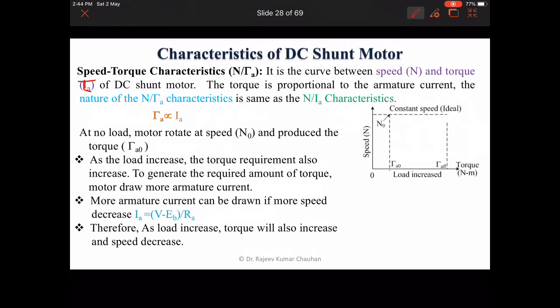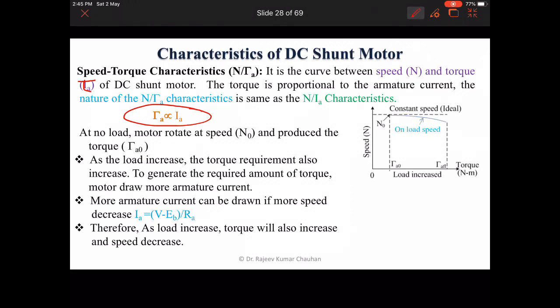The torque is proportional to the armature current, and the nature of the N-tau characteristic is the same as the speed-armature current characteristic of the DC shunt motor. So from the N-Ia characteristics, we know that tau is proportional to Ia because phi is constant for a DC shunt motor.